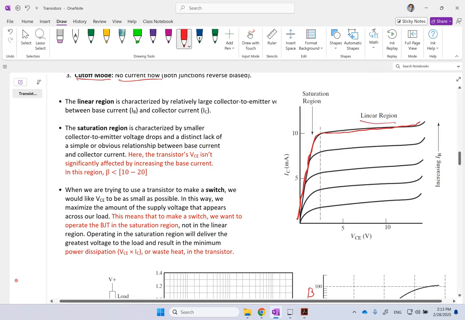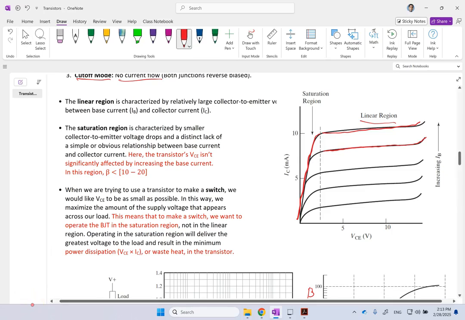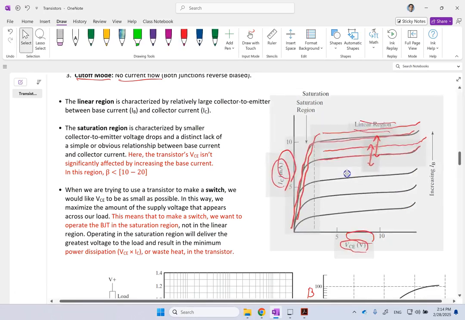So what is the linear region? In the linear region, as you can see, the slope is very mild. In other words, although in this linear region the voltage across collector to emitter, VCE, is changing significantly, the current in the collector, IC, does not go too much up and down because the slope is very, very minimal, okay?